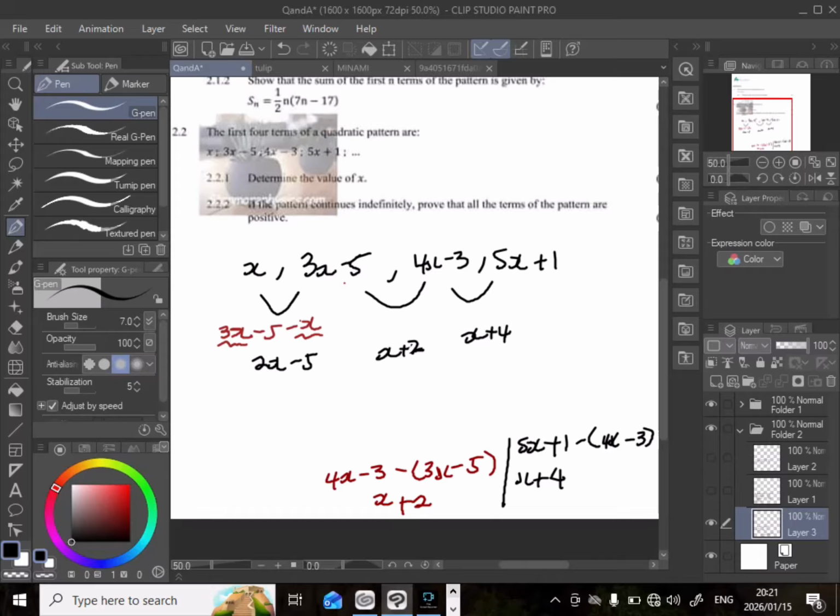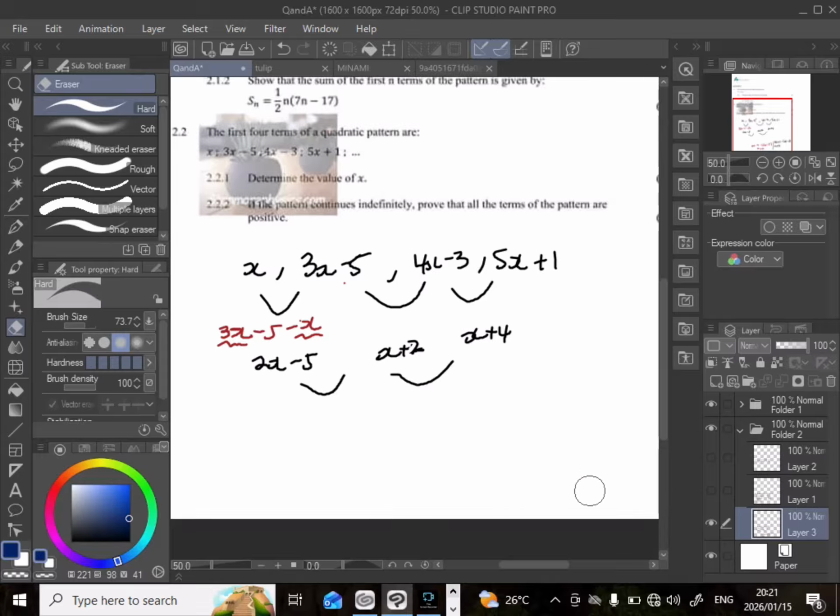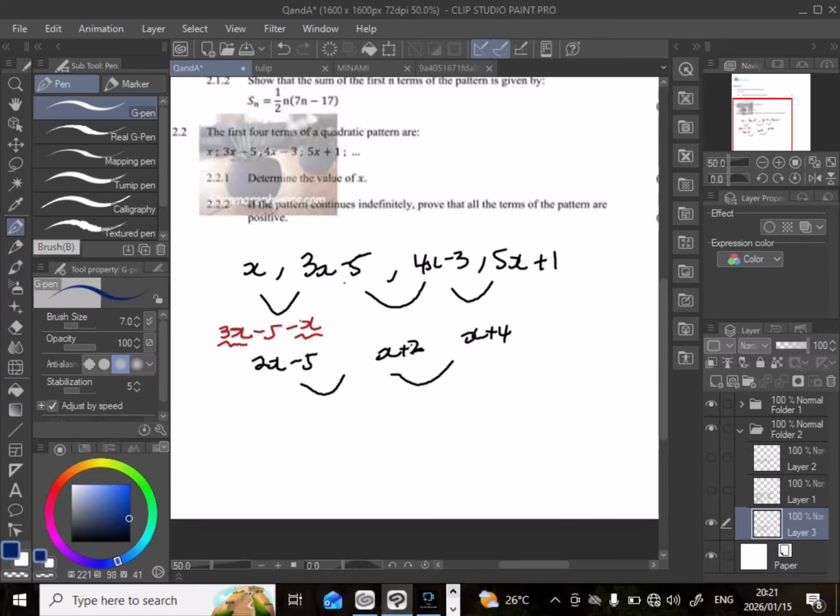Now we have to find another difference here. Let me just erase this so we can find space. Here we're doing the same thing. To find the difference between these two, it's this subtracted by this.